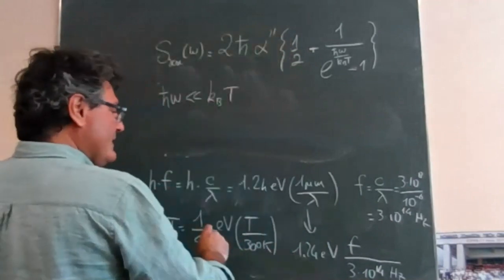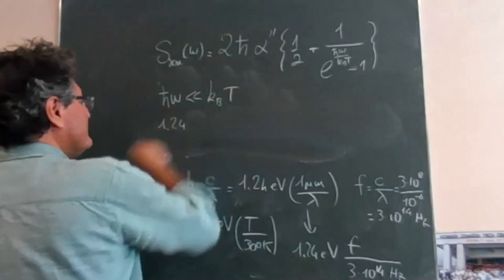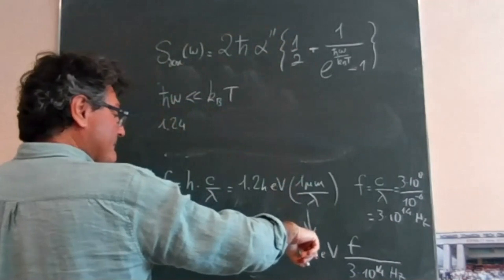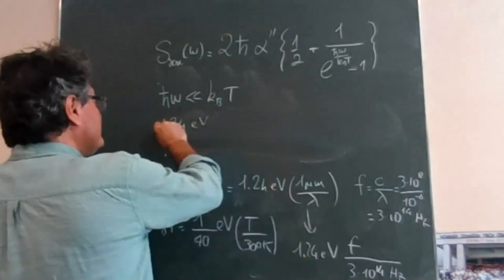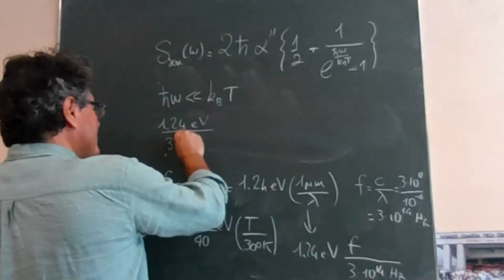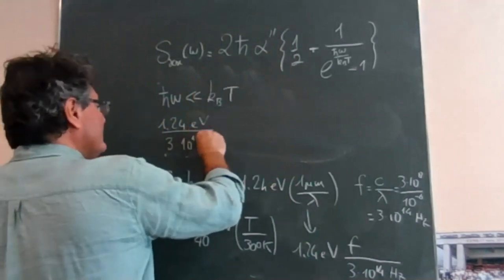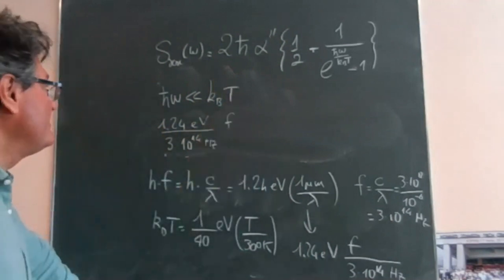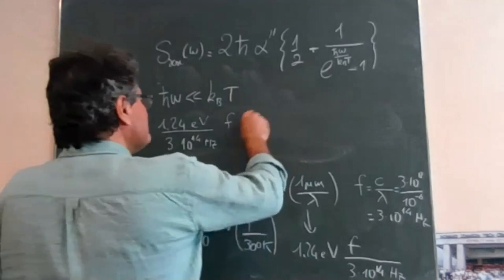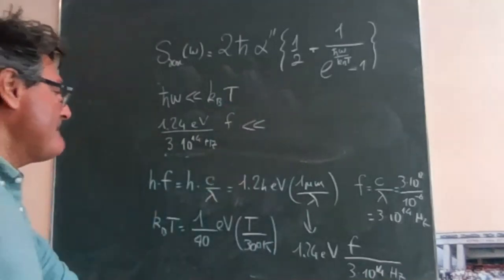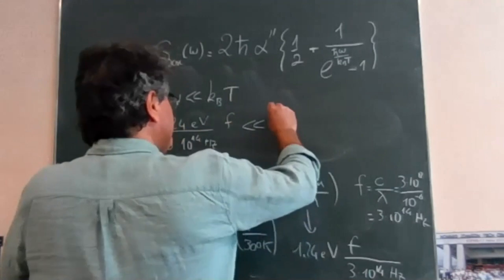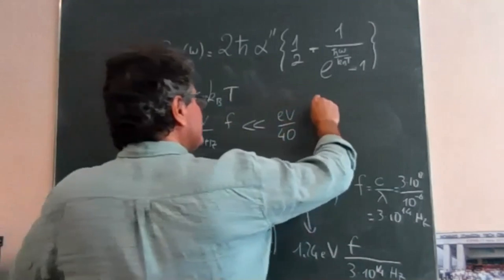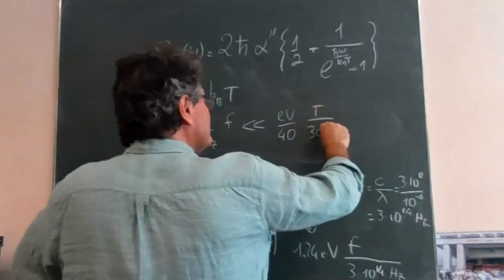I have 1.24 electron volts divided by 3 times 10 to the 14 hertz, times frequency, and it must be much less than electron volt divided by 40, times temperature divided by 300 Kelvin.